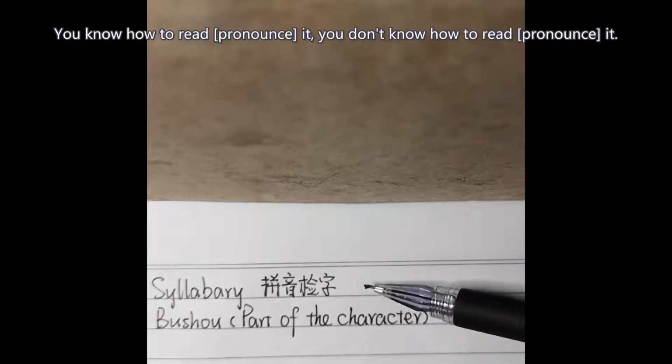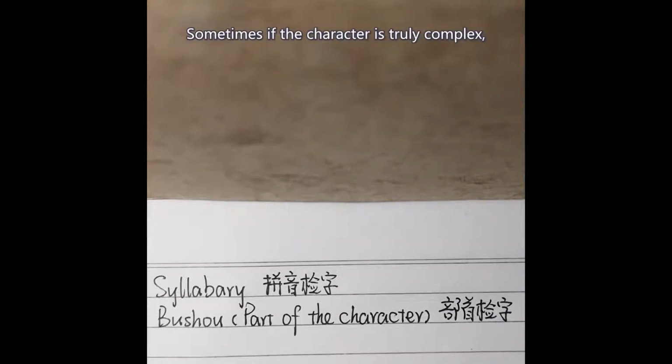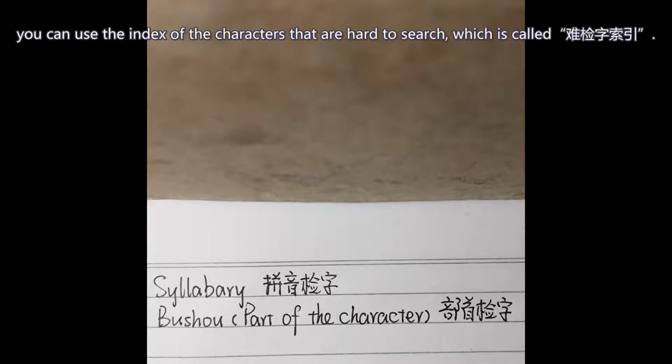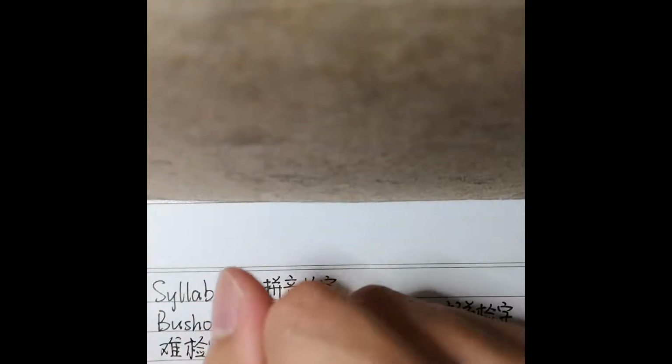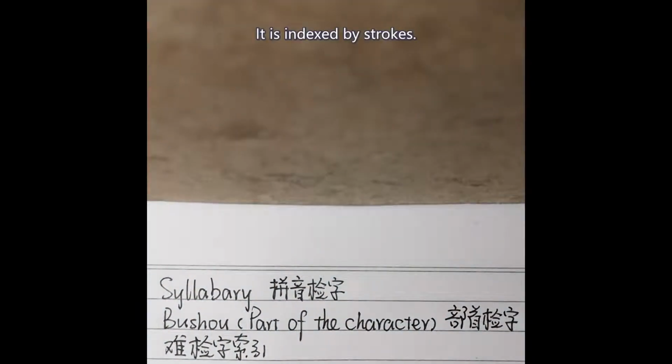You know how to read it. You don't know how to read it. Sometimes if the character is truly complex, you can use the index of the characters that are hard to search, which is called 难检字索引. It is indexed by strokes.